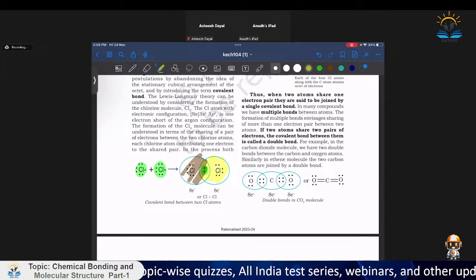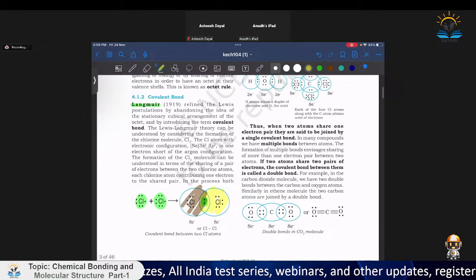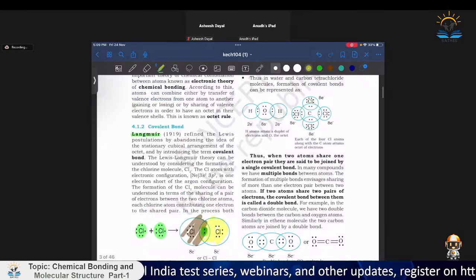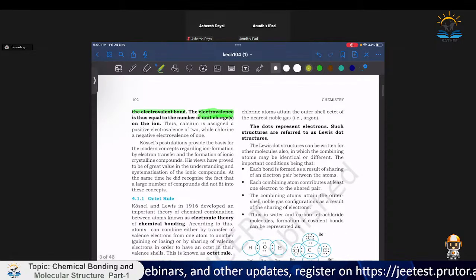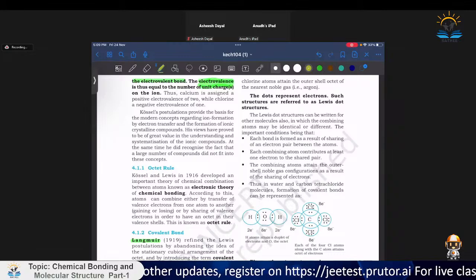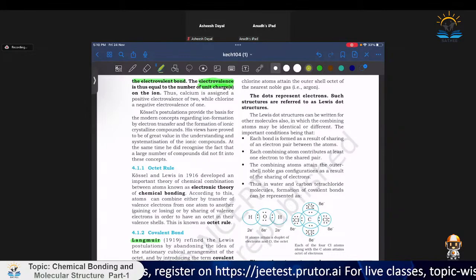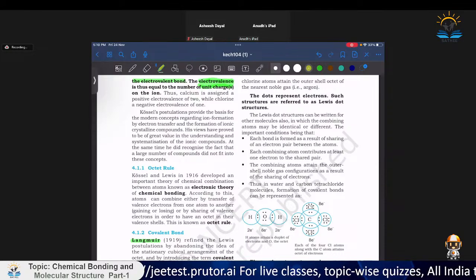This means that both chlorines are getting stable noble gas configuration without donating, losing or gaining any electron. So no charge is being gained. Just by sharing, they are reaching their octet. All right. So let us proceed further, and we can define bonds on the basis of Lewis dot structures.